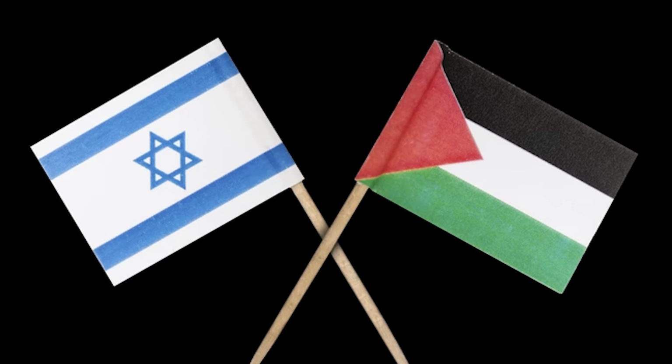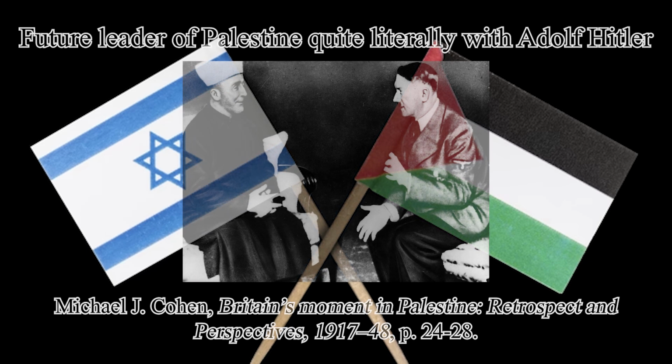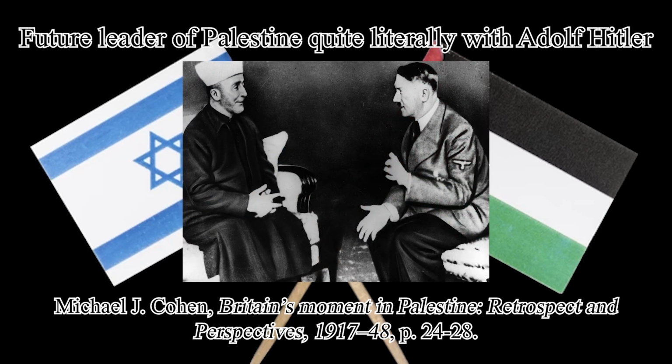An event that is also portrayed in the work of Michael Cohen, who describes the active commitment to the destruction of the European Jews by the leader of the Palestinian Arabs and other prominent figures within Arab countries.